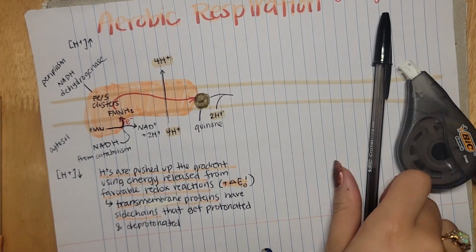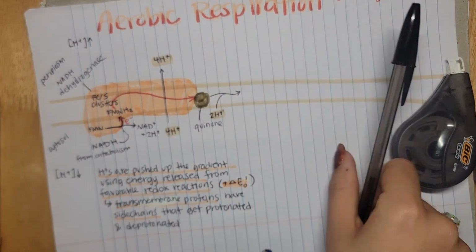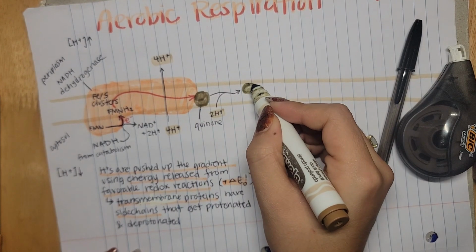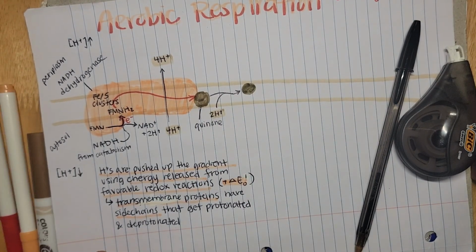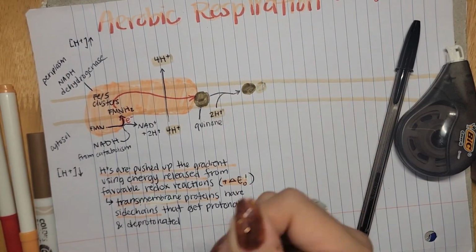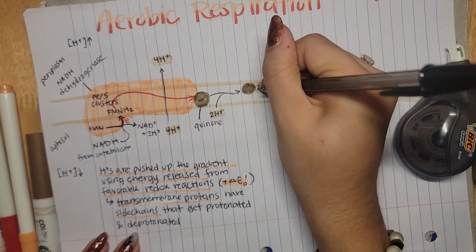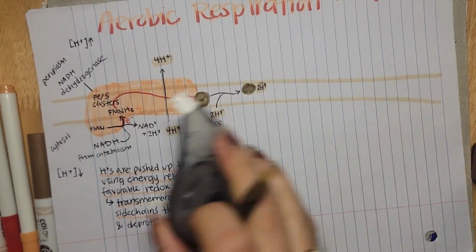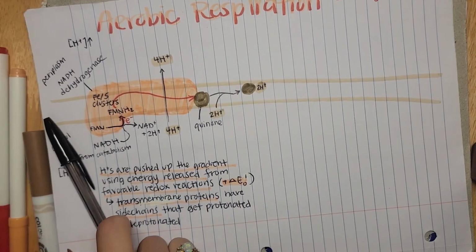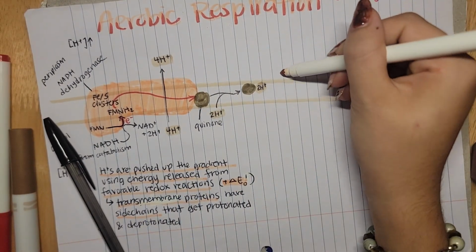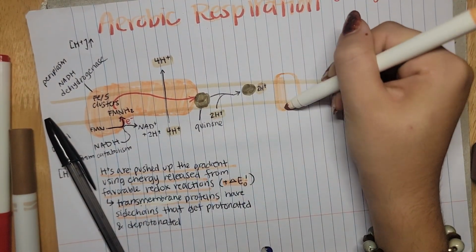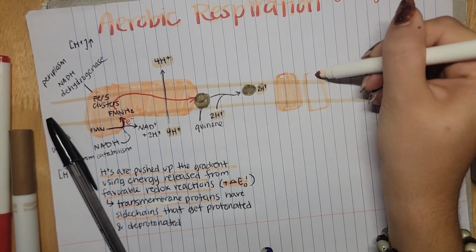And we're going to make a reduced quinone, our hydroquinone here, with our 2 protons. And now that can go to our cytochrome BO complex. So we're going to have our proton pump here.